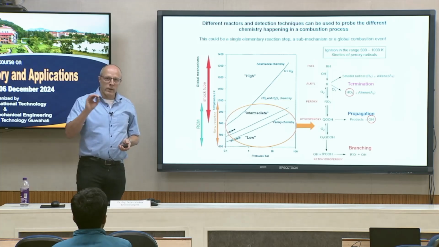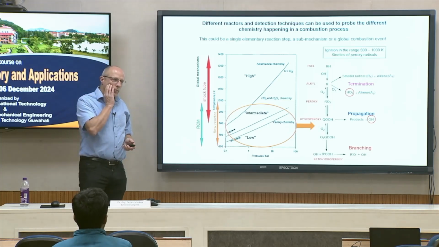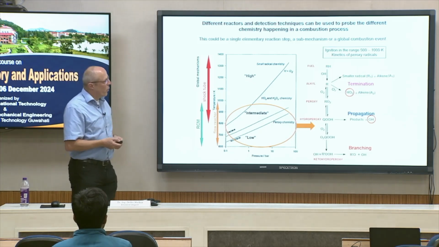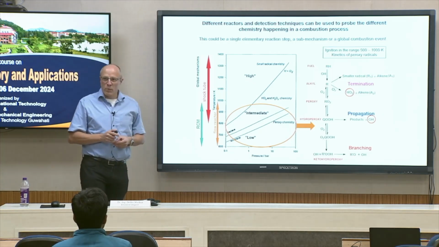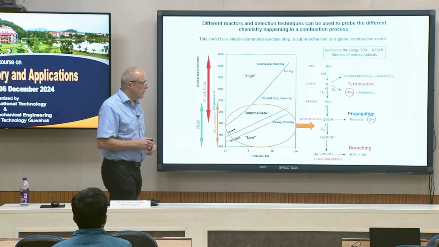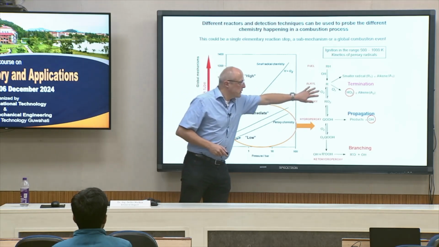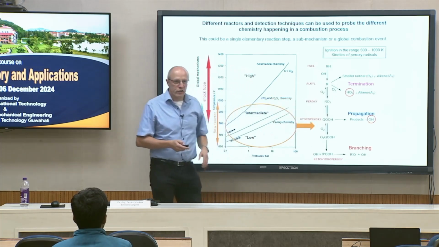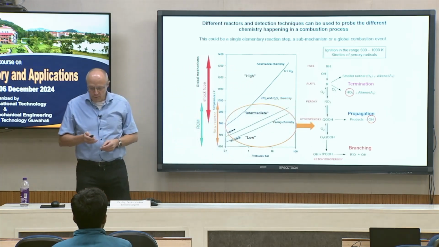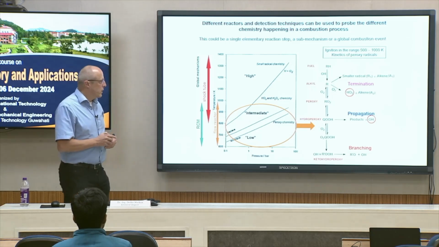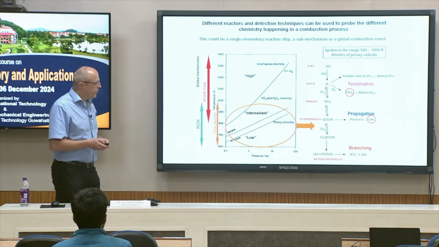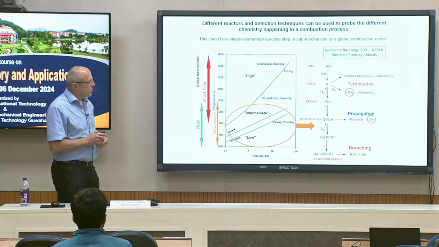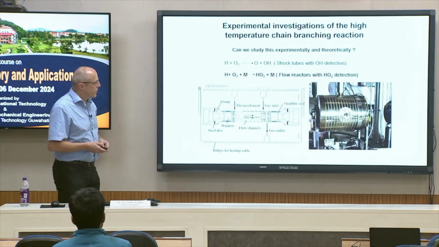Can we examine these processes if we probe the proper molecules? In these examples, we examine HO2 and OH. If this is possible, then maybe we can examine the ignition process in detail.